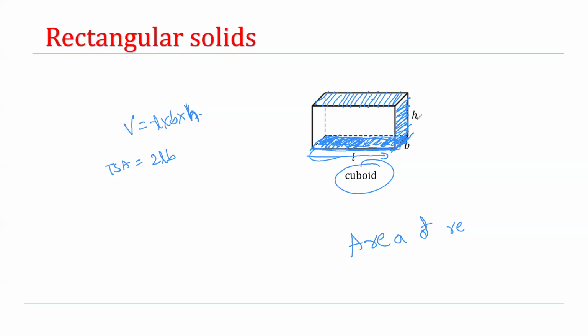Breadth into height, sir. Here also there is one more, right? Yes, sir. Both of them will have the same area or different areas? Same area, sir. So can I take that as 2 into breadth into height? Yes, sir.